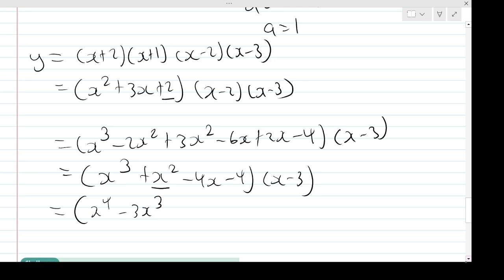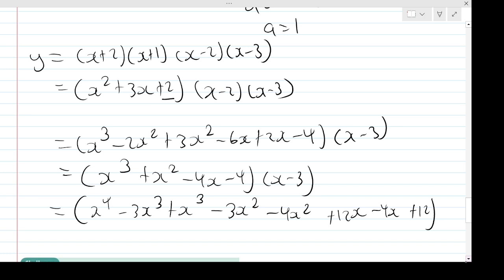Then the x squared part: x squared times x is plus x cubed, times minus 3 is minus 3x squared. Then minus 4x times x is minus 4x squared. Minus 4x times minus 3 is plus 12x. Then lastly, minus 4 times x is minus 4x, and minus 4 times minus 3 is plus 12.